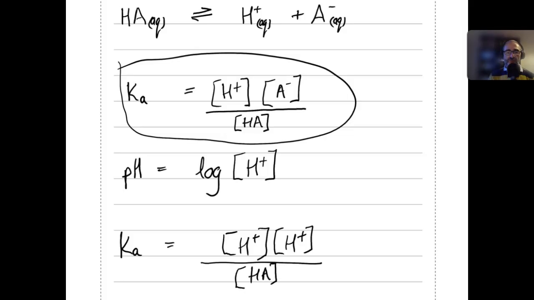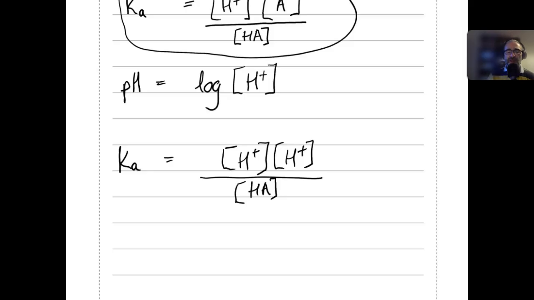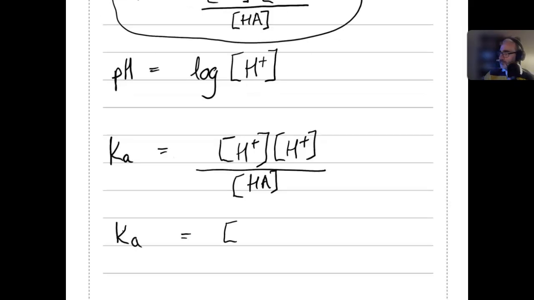So if you replace the A- concentration with an H+ concentration, you get that Ka equals H+ concentration times H+ concentration divided by HA concentration. And of course, we can represent that better like this: Ka is equal to H+ concentration squared divided by HA concentration.